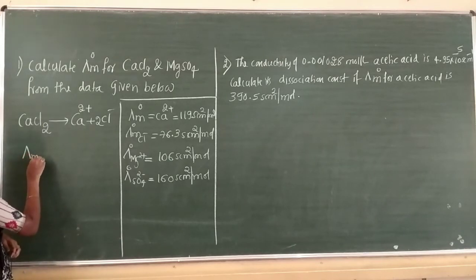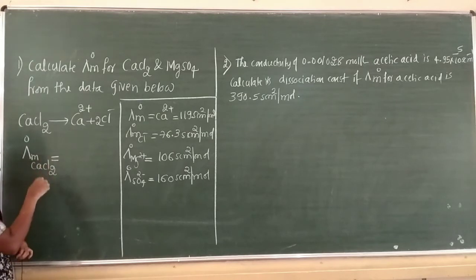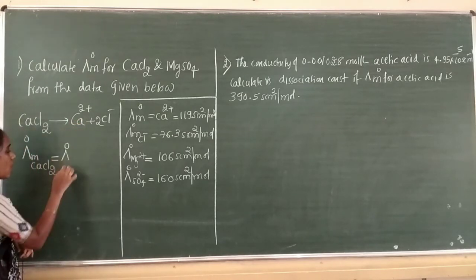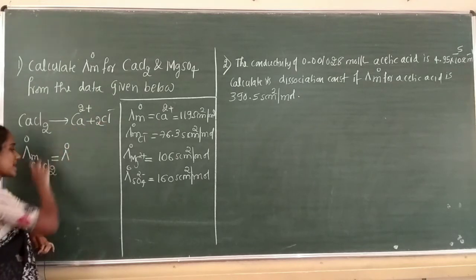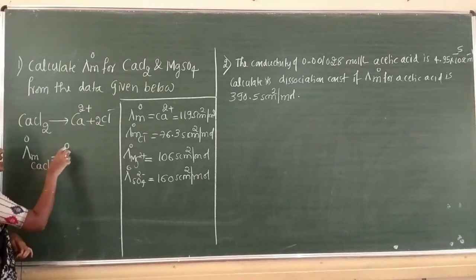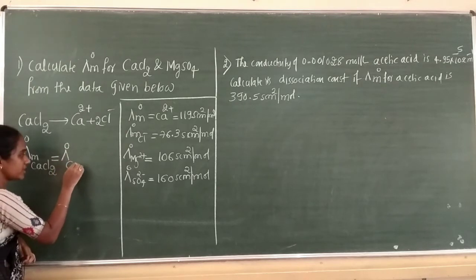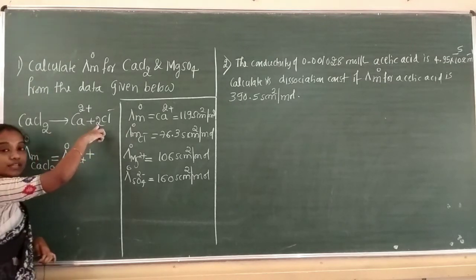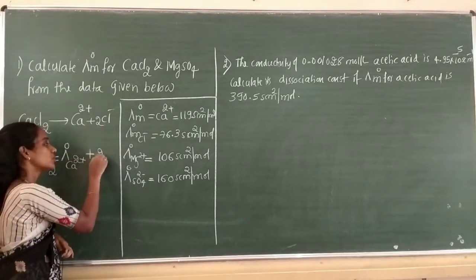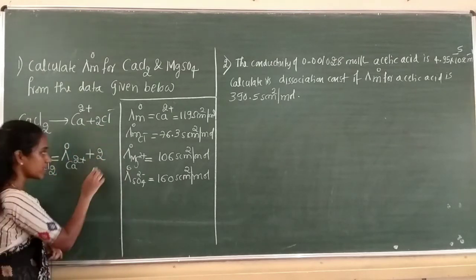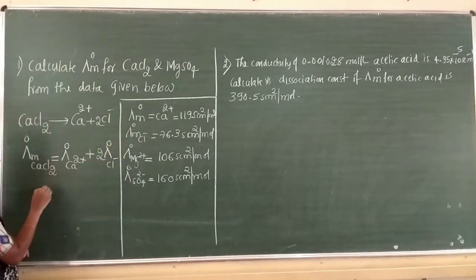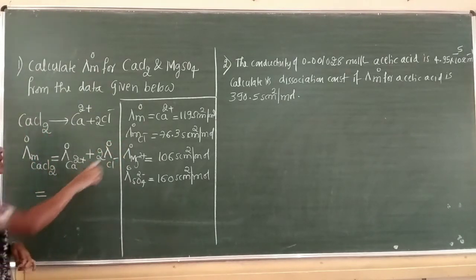It states that the limiting molar conductivity of an electrolyte is a sum of the limiting molar conductivity of cation as well as anion. So for calcium chloride, we write limiting molar conductivity of calcium 2 plus. Here there are 2 chlorides, so we put a stoichiometric coefficient 2, then lambda naught of Cl minus.